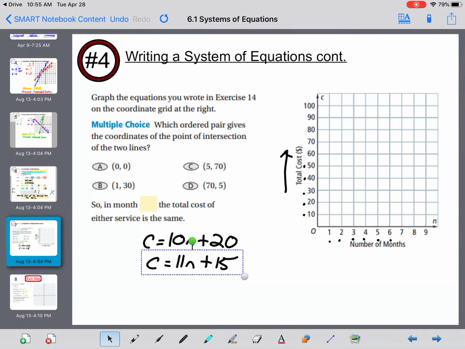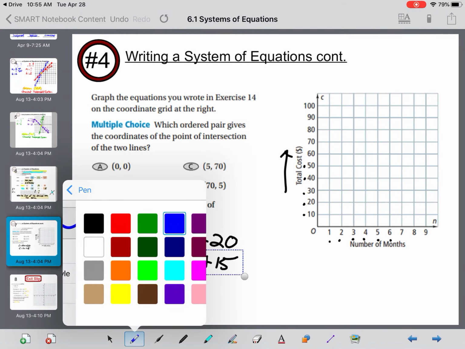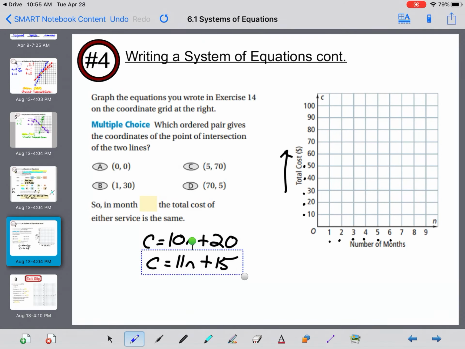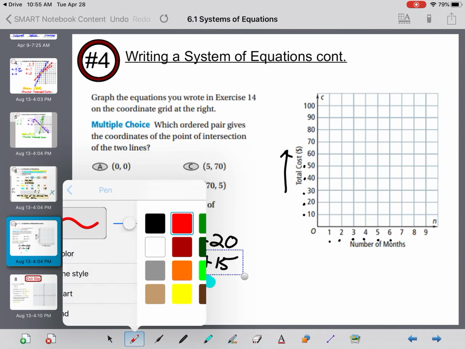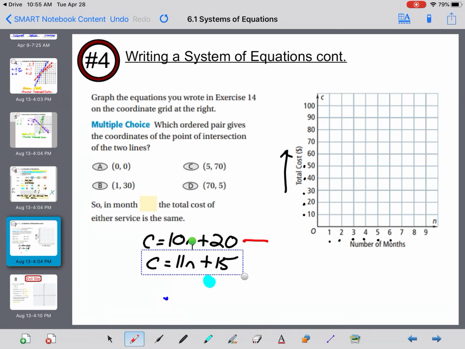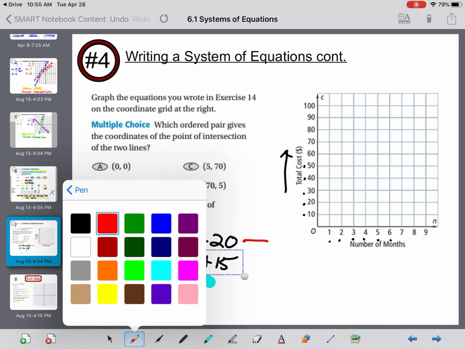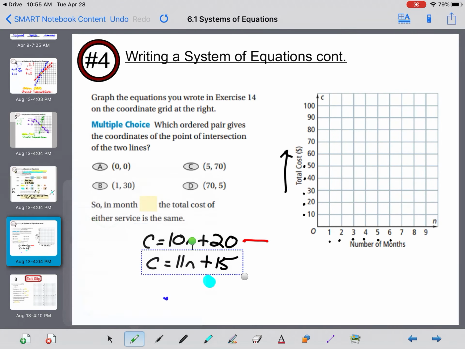Let me see, I'm going to make these two distinct colors so we can tell the difference. I'm going to do the first one in red, and I'll do the second one in, let's do green.